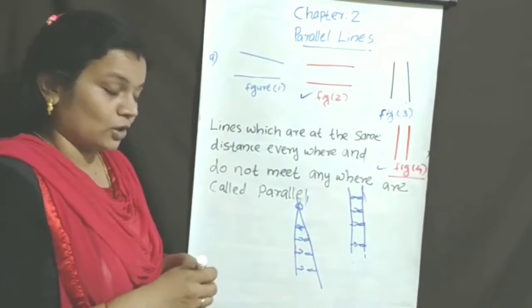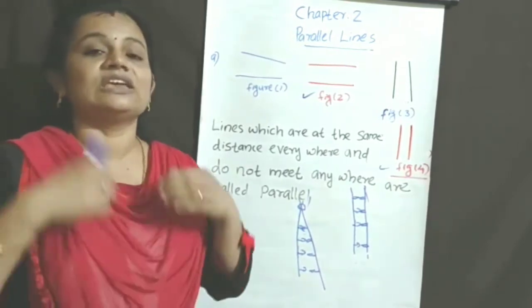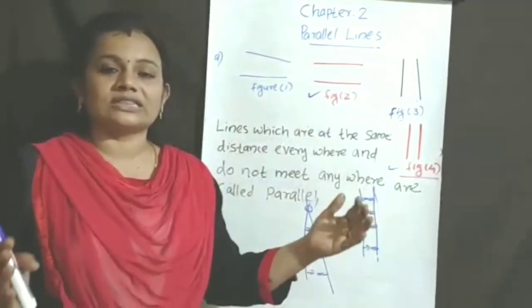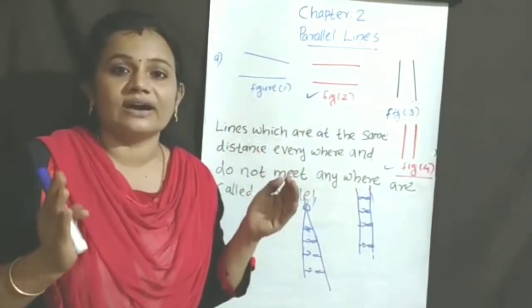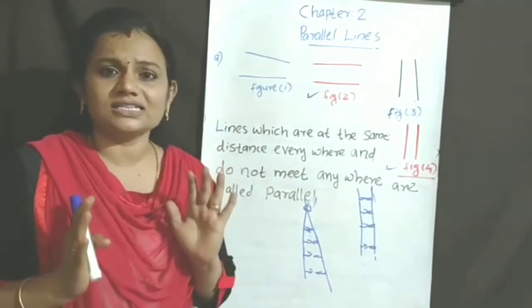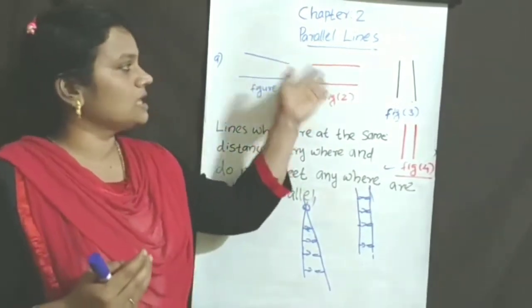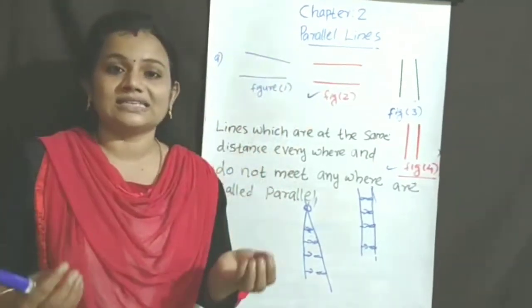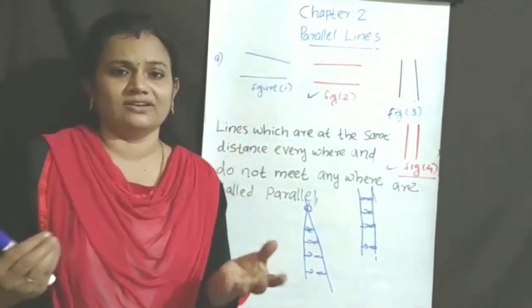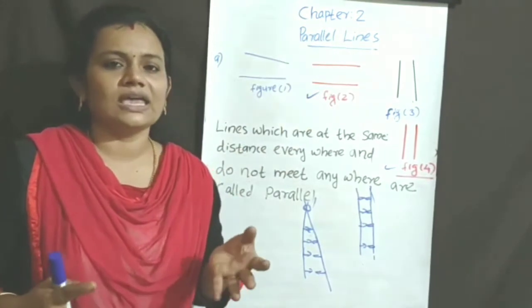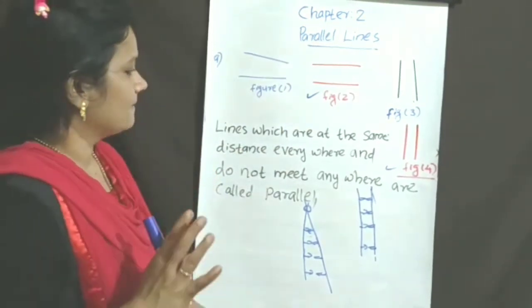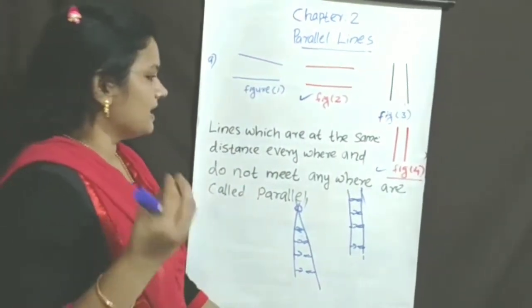Then let me conclude about parallel lines. If we extend both sides, they will never meet. The distance between these two lines is equal, and they do not meet anywhere.